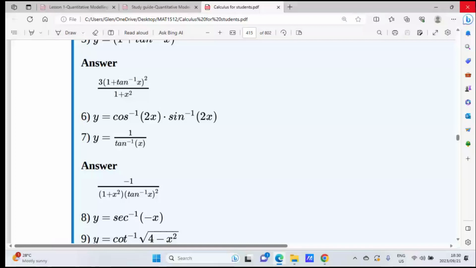So I was wondering, those conditions like cot is equal to 1 over tan, when you derive, they no longer apply. The derivative of tan x is not equal to the derivative of sine x over cos x.